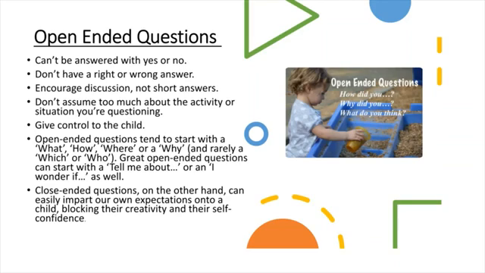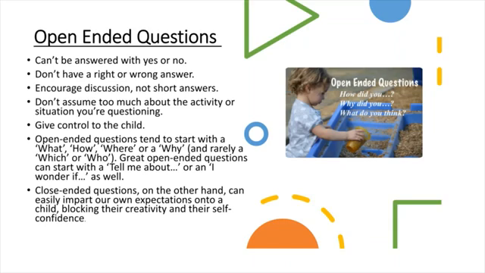The last section of this week's topic is exploring the different types of questions. The best type of question to ask your child whilst you're playing with them is open-ended questions.